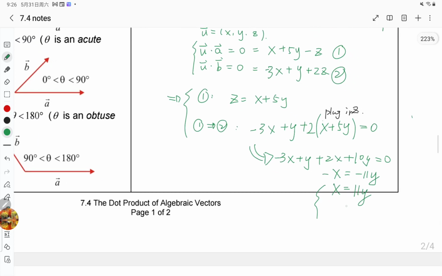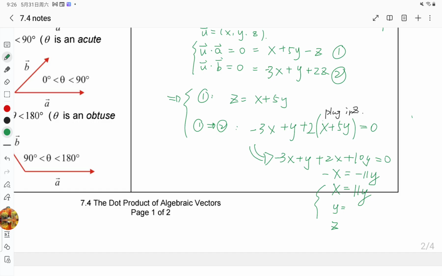So x is equal to 11y now, and y is equal to y itself, right? And this is quite important actually, to solve for x, y, z. If you have a free variable, meaning that with 3 variables, you can only fix the exact relation of 2 of them, but then 1 variable is still free, unknown. A free variable means it can take random values, or all the values varying in the coordinate system, right?